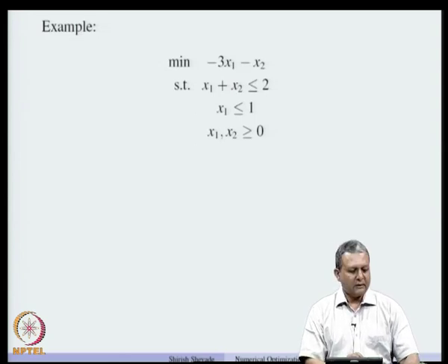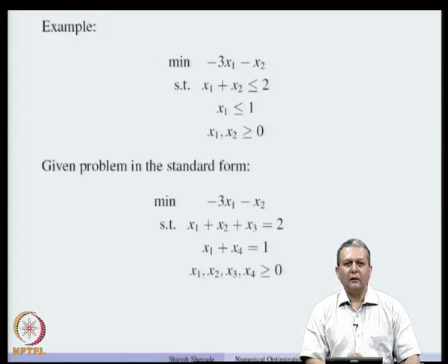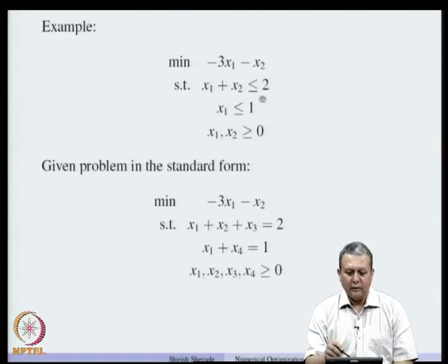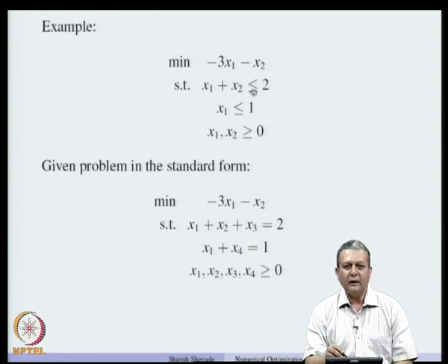Now, let us consider an example. We will put this example in the standard form of the type minimize c transpose x subject to Ax equal to b. The constraints which are inequality constraints can be converted to equality by introducing slack variables. So, x3 and x4 are the slack variables that we have included here, and now we have the linear programming standard form.